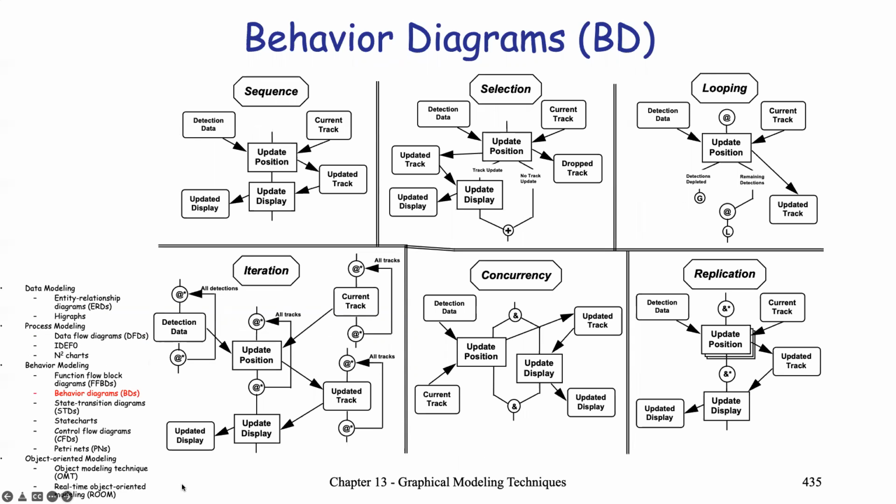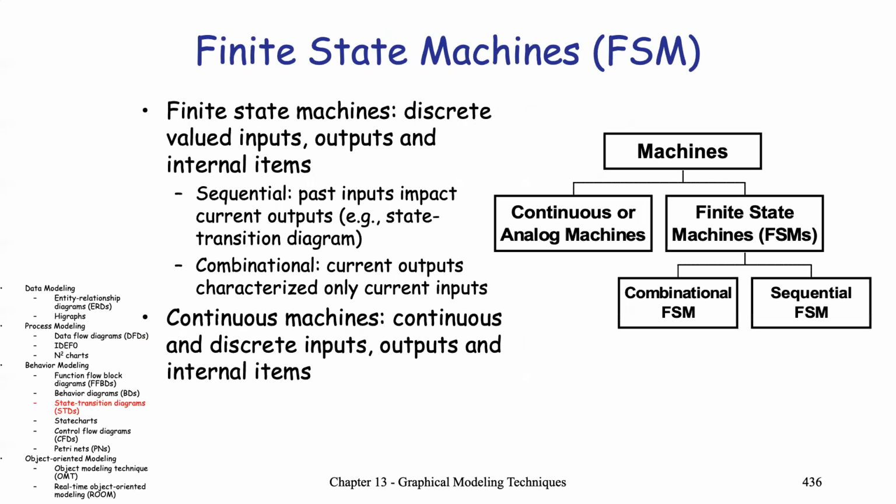We've had a variety of examples for functional flow block diagrams. And here are just a variety of things that we can be seeing as examples for general behavior diagrams.